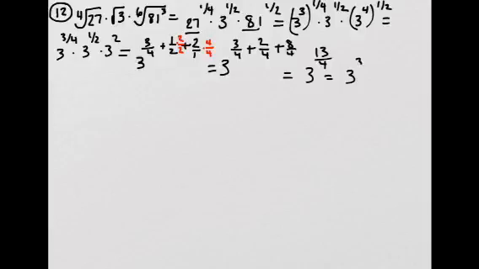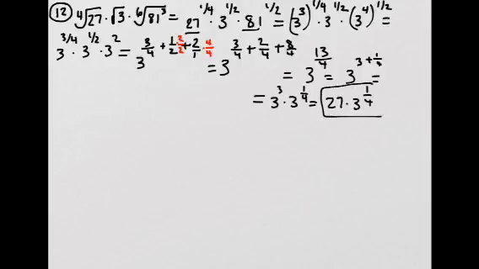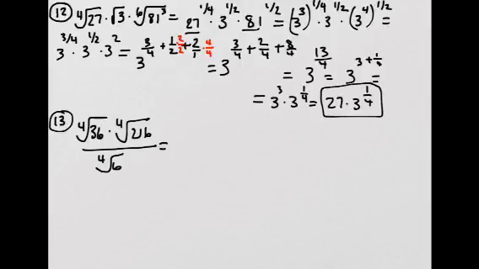So it's like 3 plus 1/4, correct? So now this one we kind of go backwards and we say, okay, so that means that it equals 3 to the 3rd times 3 to the 1/4. So that's 27 times 3 to the 1/4. So this would be the most simplified answer.